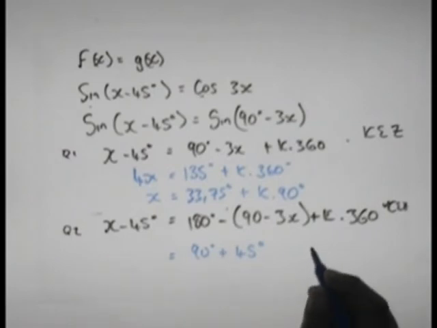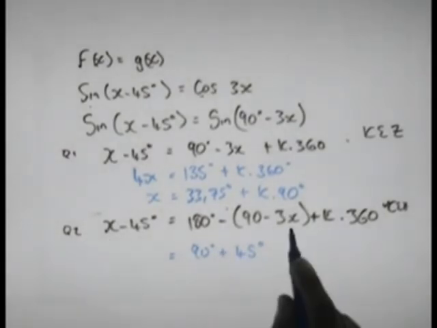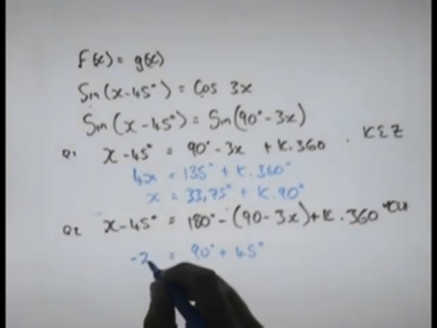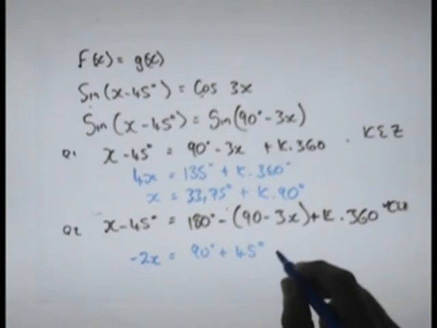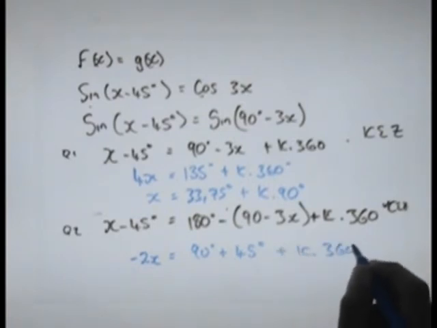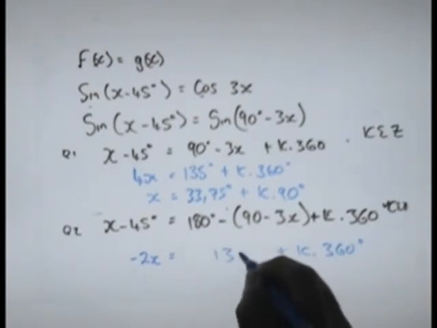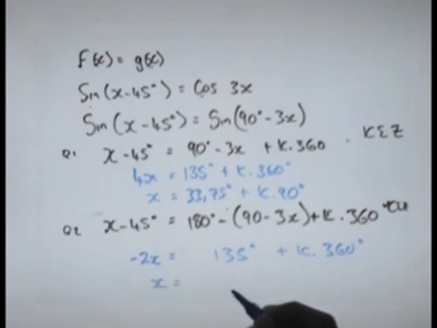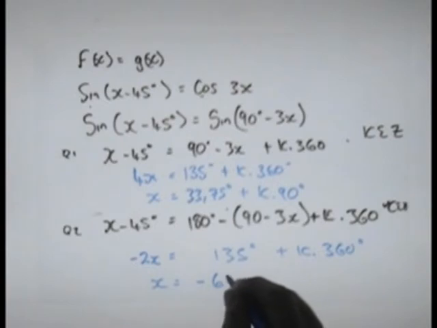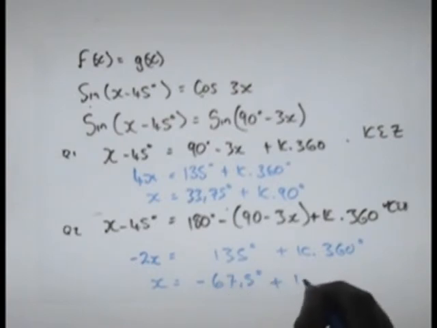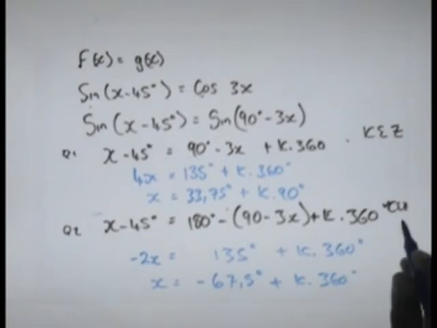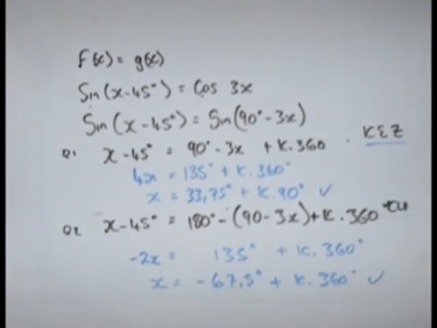Taken across becomes negative 3x. x minus 3x is going to give me minus 2x is equal to 90 plus 45 degrees plus k times 360 degrees. 90 plus 45 is equal to 135 degrees. That means that x is equal to negative 135 degrees divided by 2, which is equal to negative 67.5 degrees plus k times 360. All of this happens when k is an element of integers. That means that these are our two possible solutions.